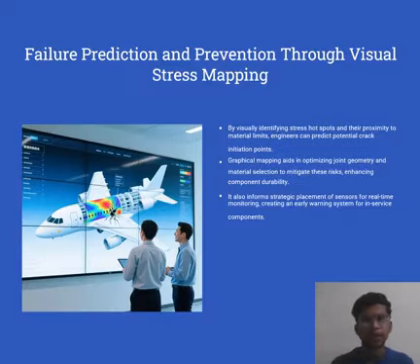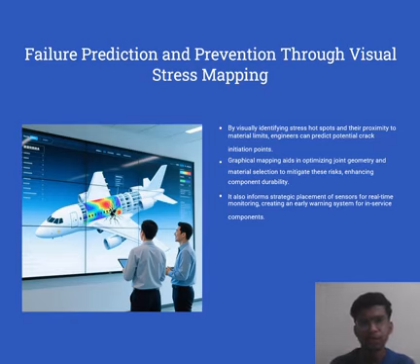Failure prediction and prevention through visual stress mapping. First, by visually identifying hot spots near the material limit, engineers can predict potential crack initiation points. Second, graphical mapping aids in optimizing joint geometry and material selection. It mitigates risk, enhancing component durability.